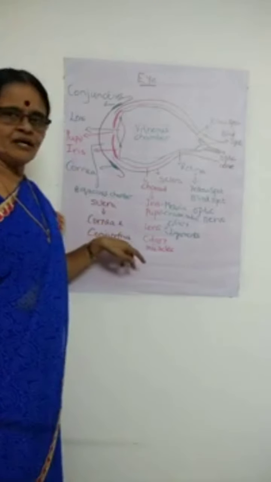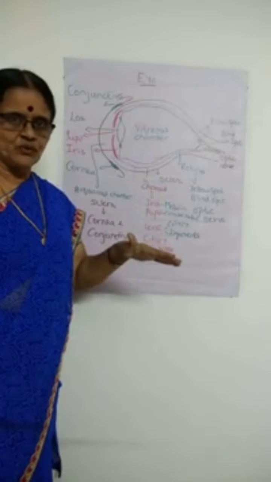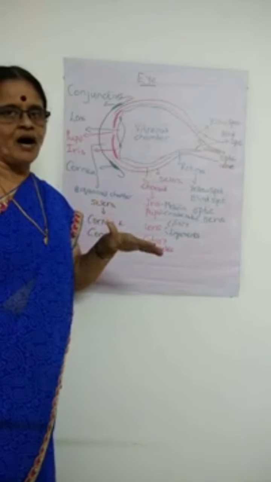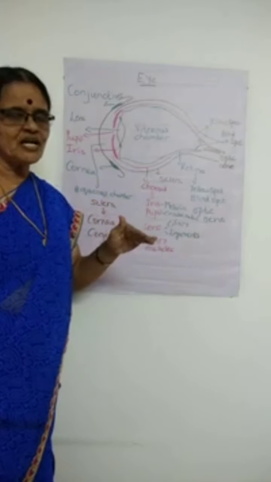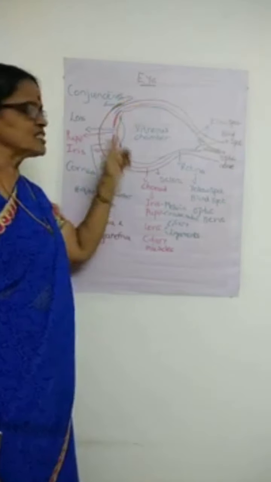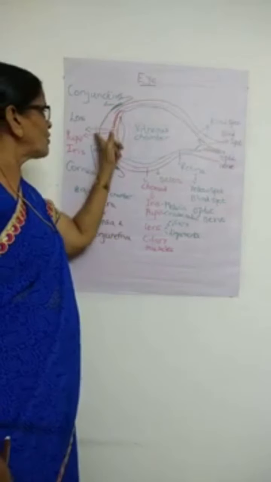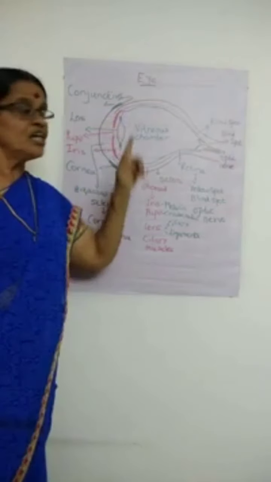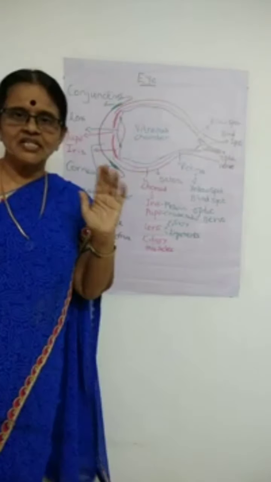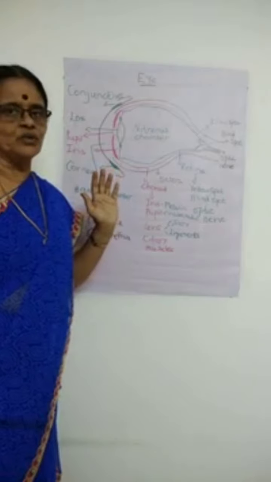Then we already spoke about the conjunctiva. The conjunctiva produces mucus to keep our eyes moist and prevent them from drying. It is outermost, covering all the other parts of the eye except the cornea. The front part of the cornea should not be covered with conjunctiva because light has to enter the eye through the cornea.